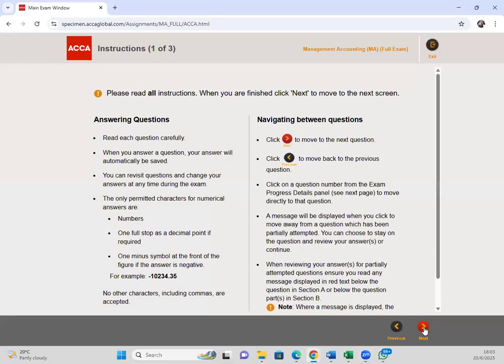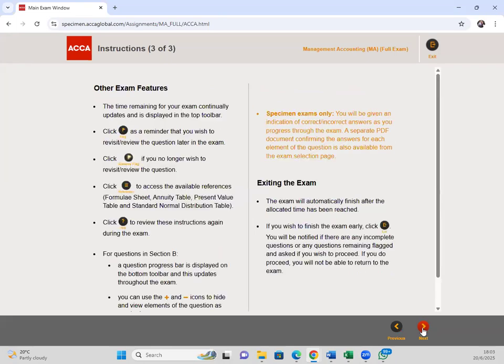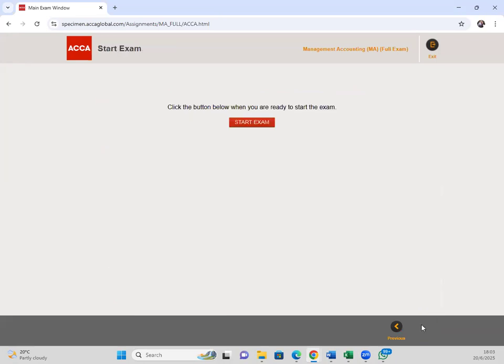Okay, let's move on. So the instructions page, I think this one is the same for almost all the exams. You can go through this at your own time. So let's get started without wasting much of the time.